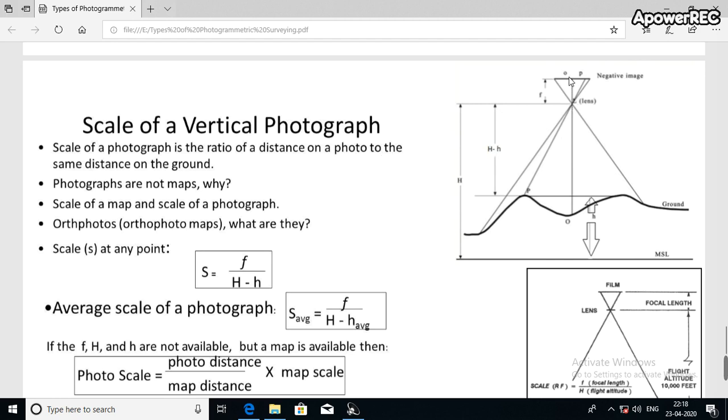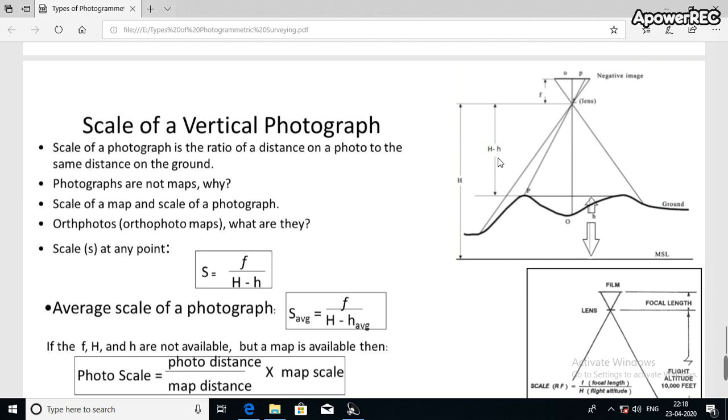From here, one photograph is captured, and that is the focal length f of the camera. From this position to mean sea level, the height is capital H, and the height of the ground with respect to MSL is small h. So from here to this ground point, the height is H minus h.